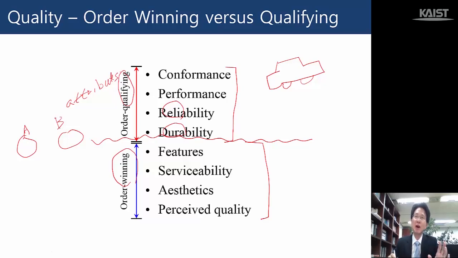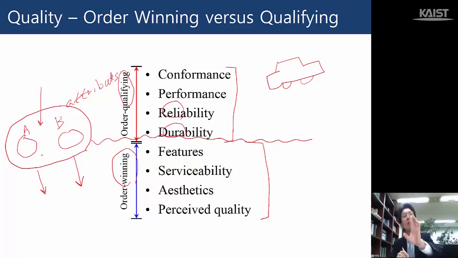But let's say there are two products, product A and product B, both of which have these order qualifying attributes. That doesn't mean that product A can be sold or product B can be sold to the customer, because when arriving at the market, there are multiple products that have order qualifying attributes, and then the customer must pick or must choose one product among all these.